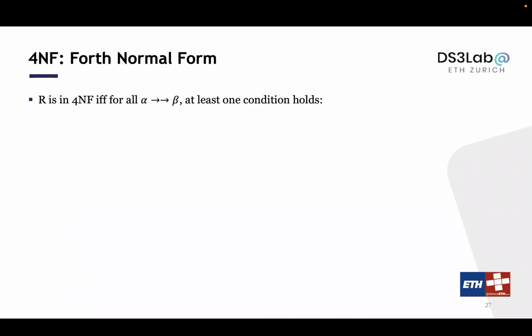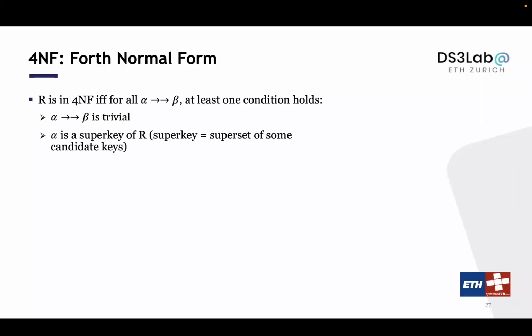So we say a design R is in fourth normal form if and only if the following hold. For all multivalued dependencies you have, at least one of the following two conditions needs to hold. Either this multivalued dependency is trivial, nothing you can do about it, or alpha, the left-hand side, is a super key of R.